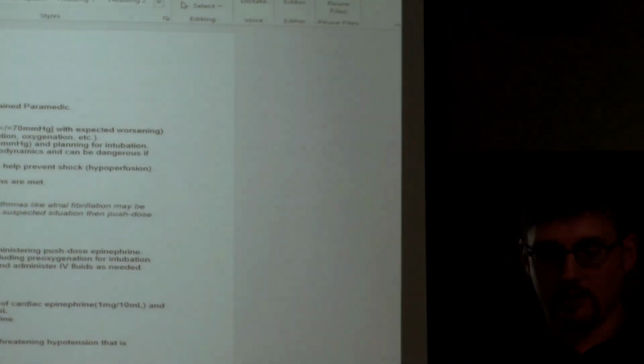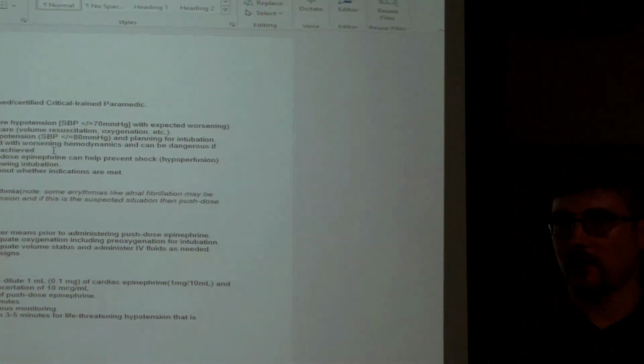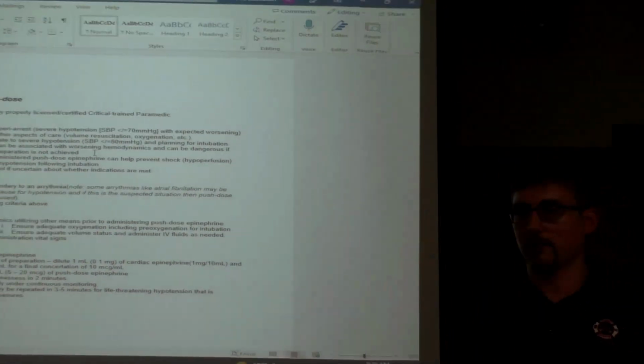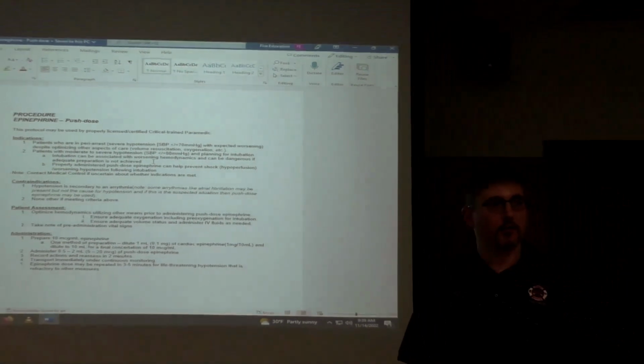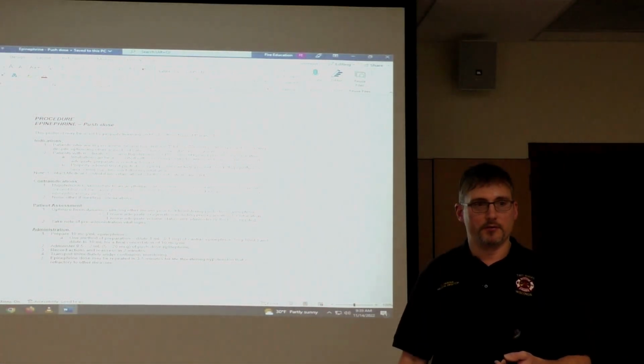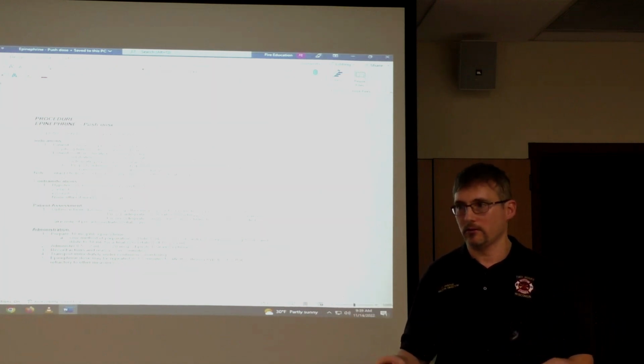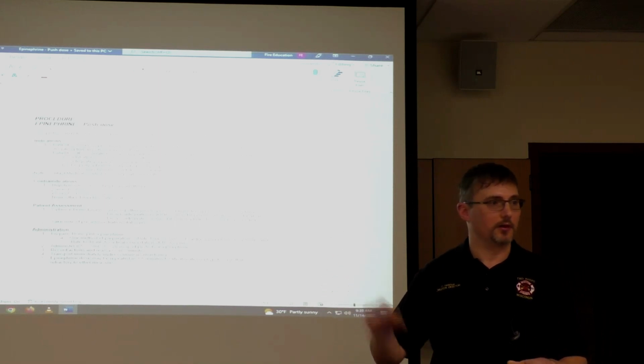Now let's think about how the drug comes, right? So there's two concentrations that we see epinephrine in. You have the 1 to 1,000. What's that one for? Allergic reactions, right? Historically, it was also used for increasing doses of epi, but that's no longer done. Good evidence to say that if 1 milligram didn't work, 10 milligrams isn't going to work, right?